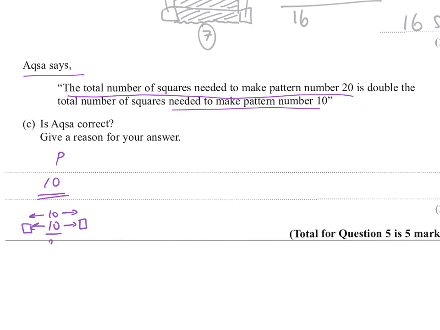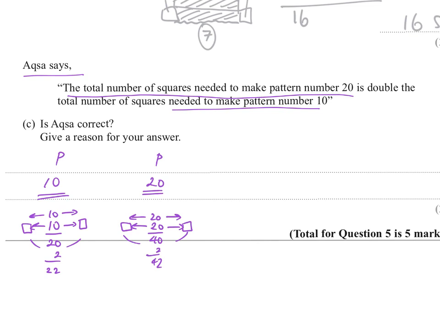So that's going to be 20, and these 2 will be 22. And for pattern number 20, well, we're going to have 20 grey ones along the bottom, 20 resting on top of those, and then don't forget these ones either side, the 2 here. So that's going to make 40, and the 2 is 42.